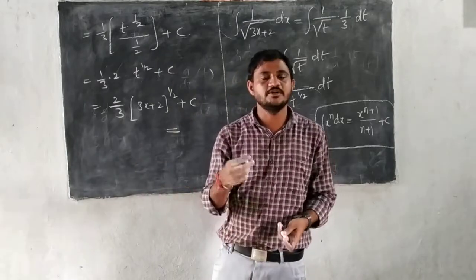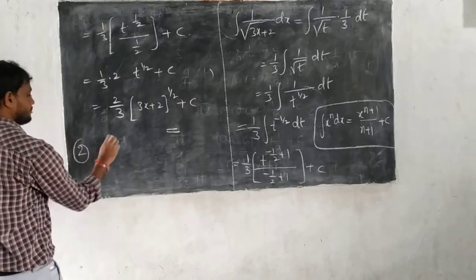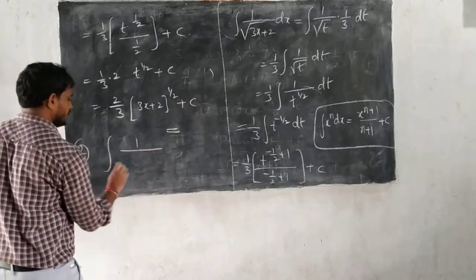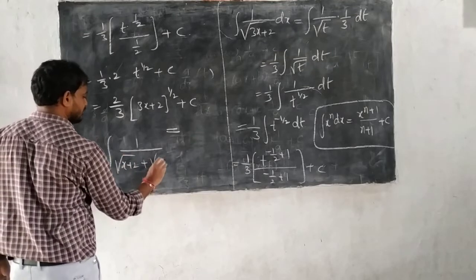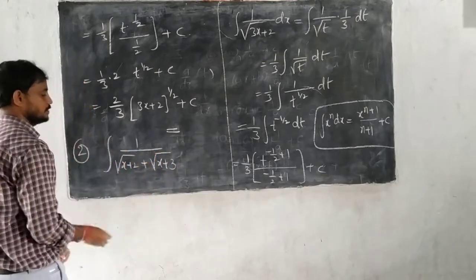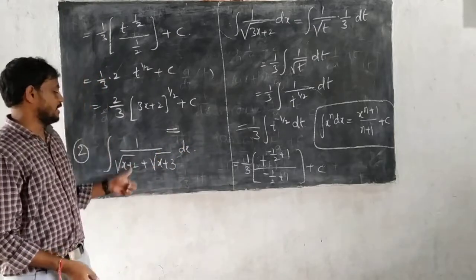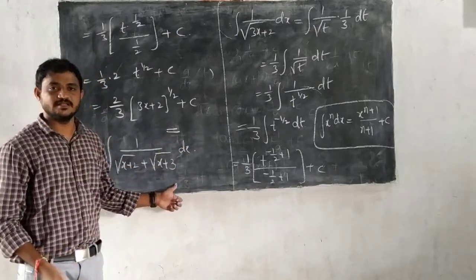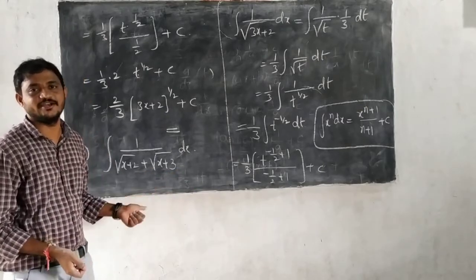Let us take one more problem here. Integration of 1 by under root of x plus 2 plus under root of x plus 3 into dx. So how to solve this problem? It is also not in standard form.